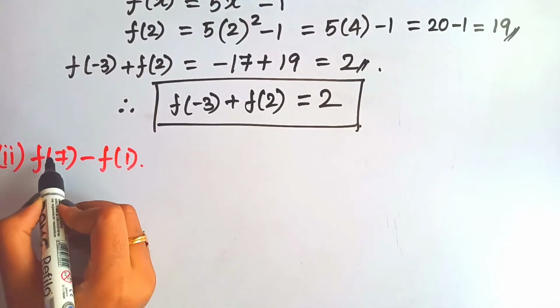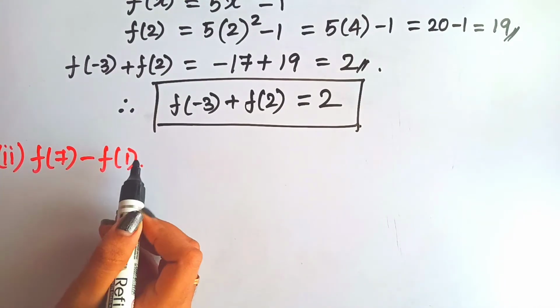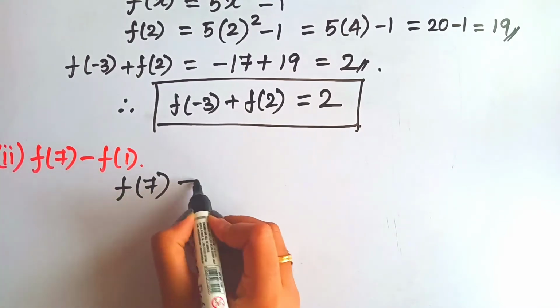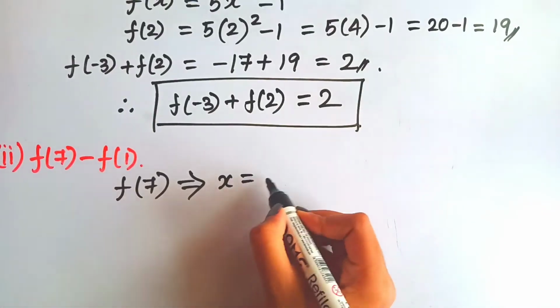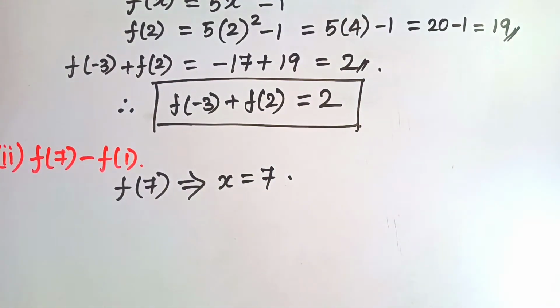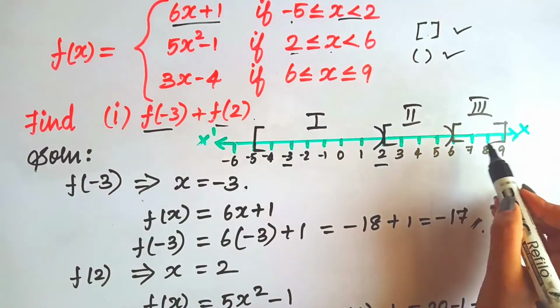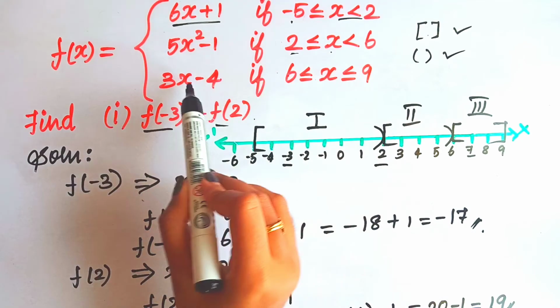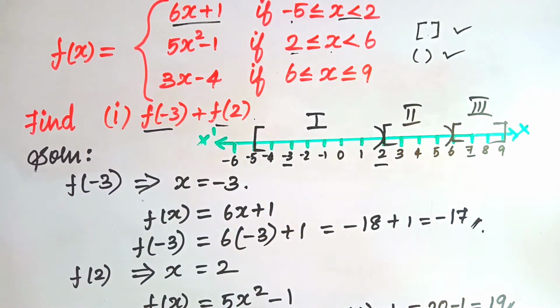In the second subdivision, it's f of 7 minus f of 1. So first we have to find f of 7, which means x is equal to 7. We have to find where x equal to 7 is on our number line. And 7 is here, which means in the third interval. So for the third interval, we have to use 3x minus 4.